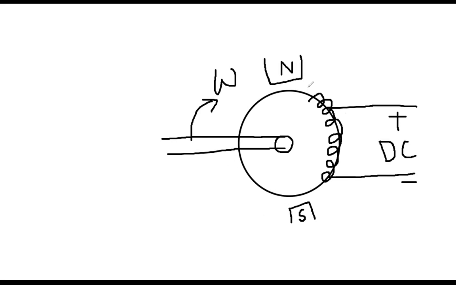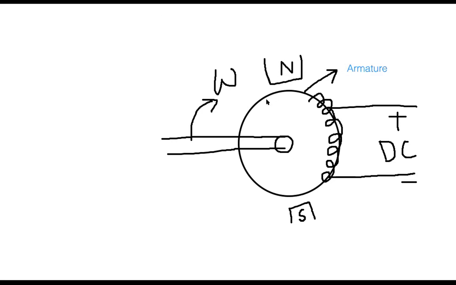This is one part, which is called the armature. So this circular body on which the coils are mounted, on which the voltage will build up, is called the armature. And then this one, you all know, this is the magnet.